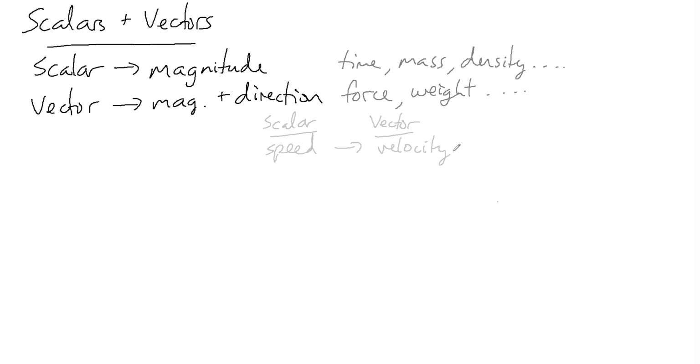We've got other ones. For example, we've got distance. Distance is a scalar quantity, and if you add direction to it, it is displacement. So hopefully stuff like that sounds familiar. And of course, there's a whole bunch of other ones that can go back and forth. But these are like the two most common ones that are very similar to each other, but one's got a scalar version, and then there's also a vector version.